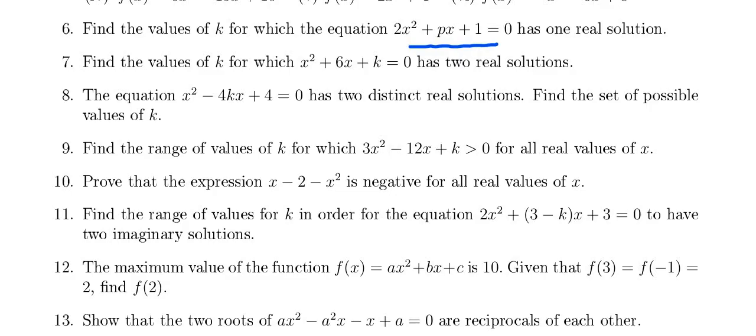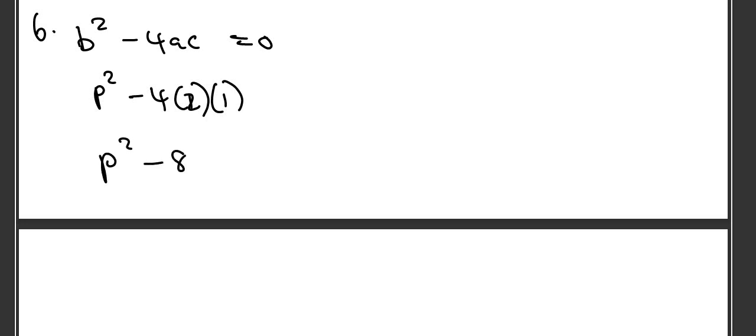On our question, our a is 2, our b is p, our c is 1. So we have p squared minus 8 equal to 0, meaning p squared is equal to 8.